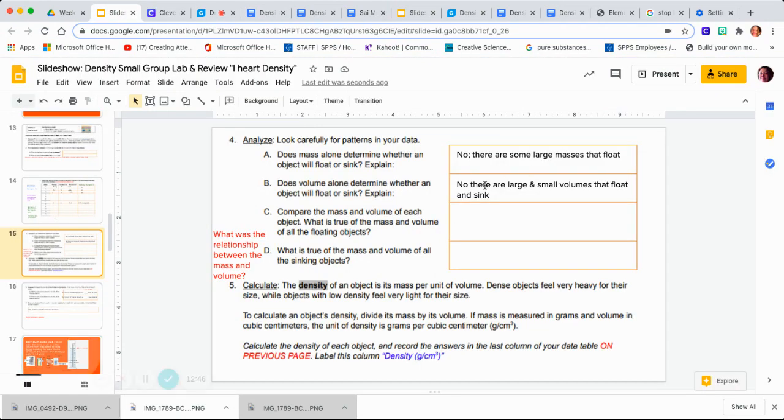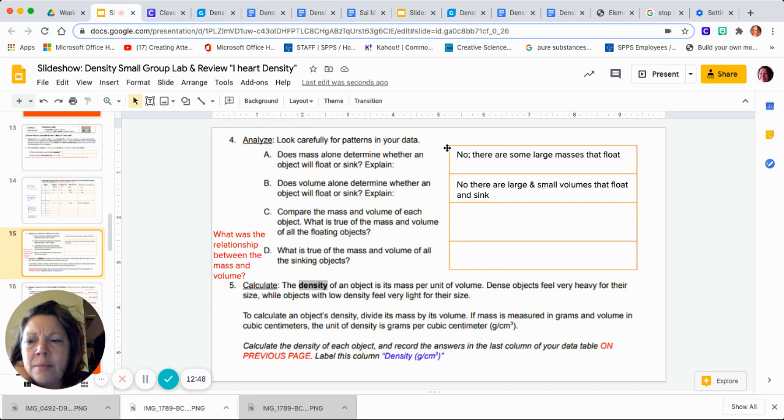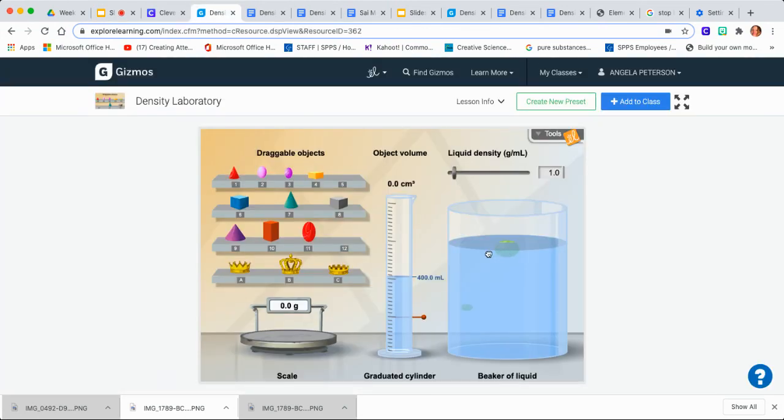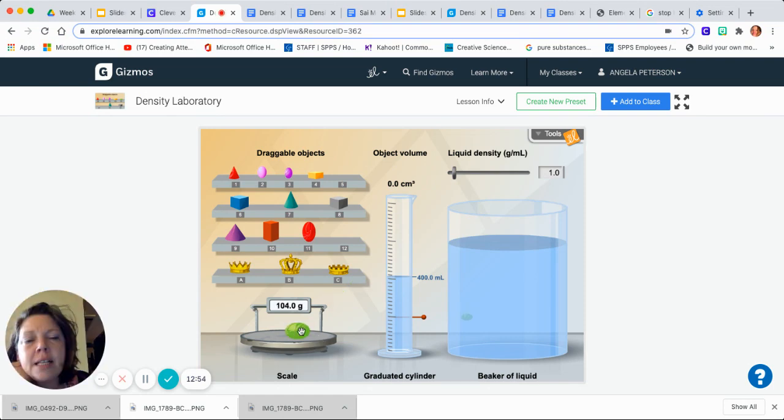What about mass? If we take a look at those same ones, look here, 104 grams, and it floats. This guy is 4 grams, and it sinks. So it's really a dependent relationship between mass and volume.